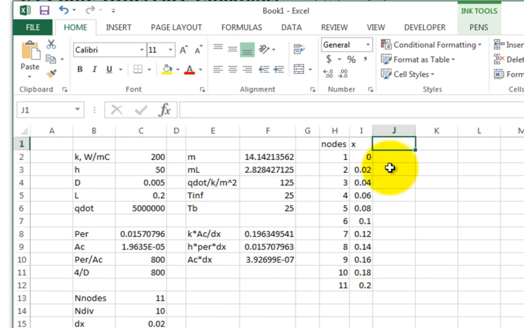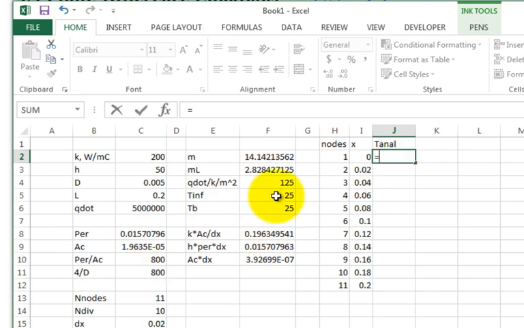Now, what is my T analytic in degrees C? Well, that equation is not all that pretty, is it? But the equation says, go get T infinity, right there. When we drag that equation down, we won't want that cell changing, so we'll lock it in with the dollars, $F$5.